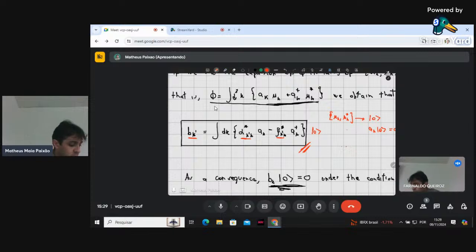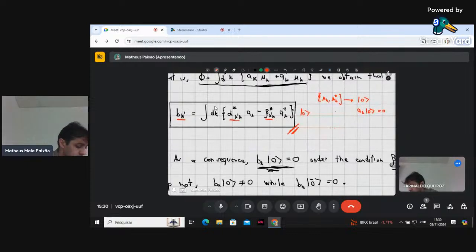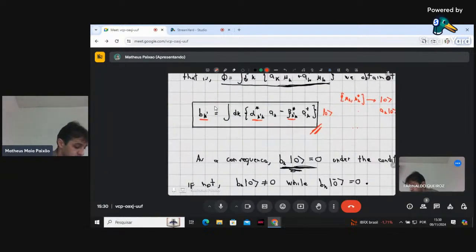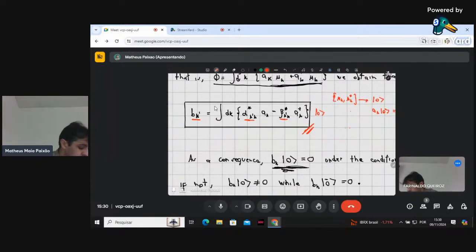Because if the coefficient beta is 0, then the B coefficient acting on 0 is going to return 0. But only under this condition. If this does not happen, then the coefficient B will not annihilate the zero vacuum.